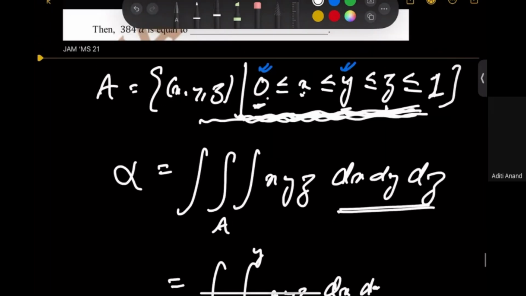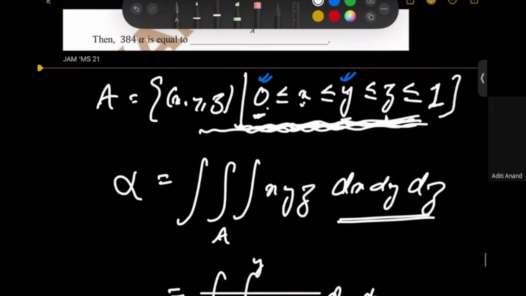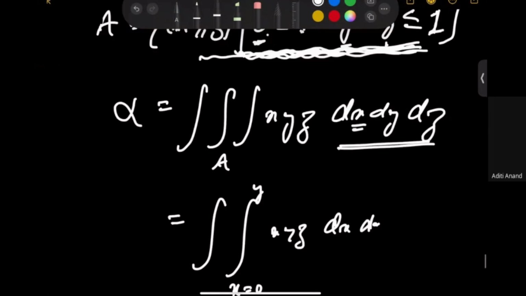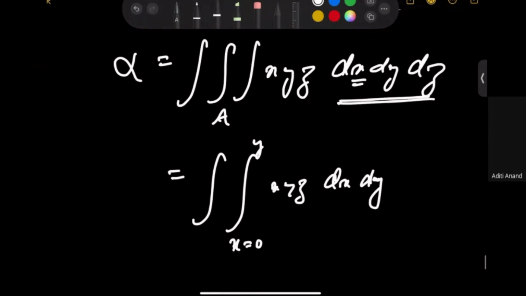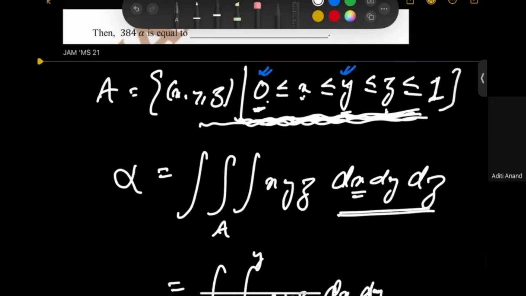Which one should be our second variable? x we have taken care of. Should it be y? Should it be z? The second variable of integration should be y, because we have taken care of x. Next will be y. What are the limits of y?